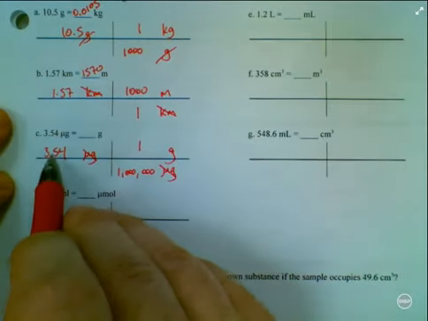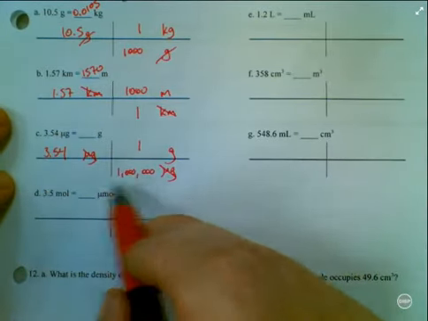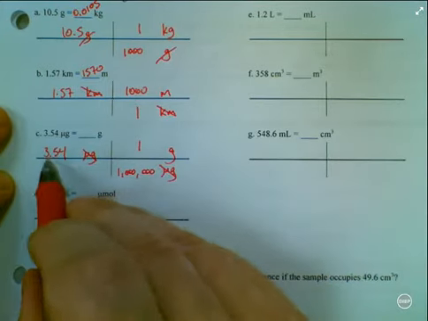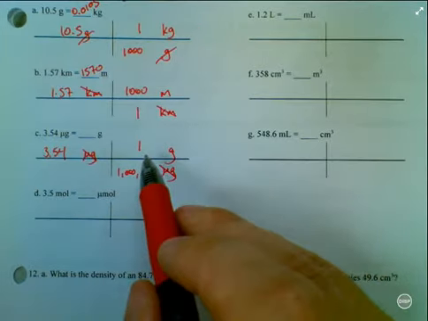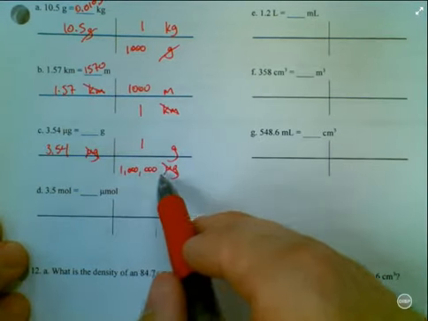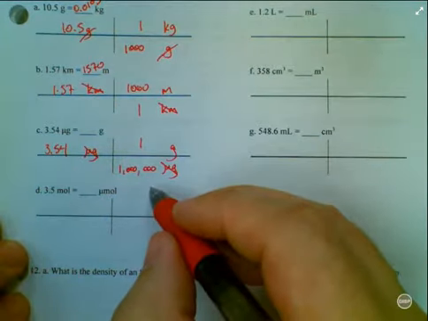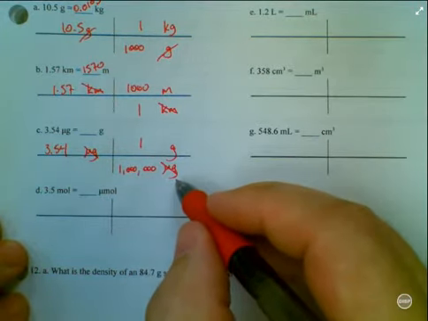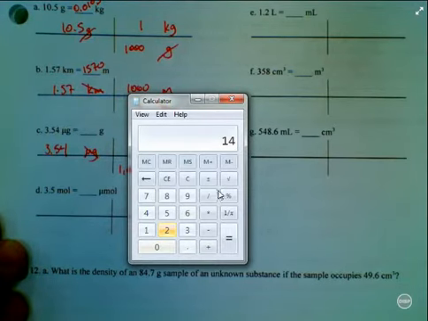Now I have 3.54 micrograms, and so according to my setup here, I'm going to multiply 3.54 by 1 and then divide that number by 1 million. Actually, let me just show you a calculator. So we got the 3.54.